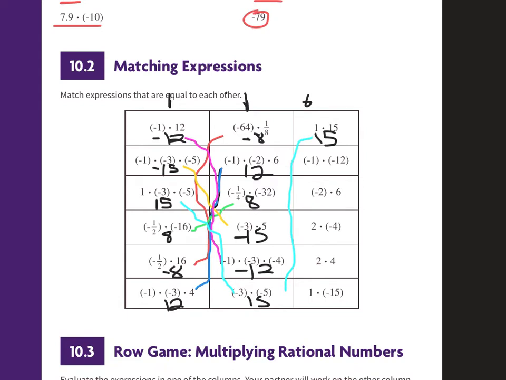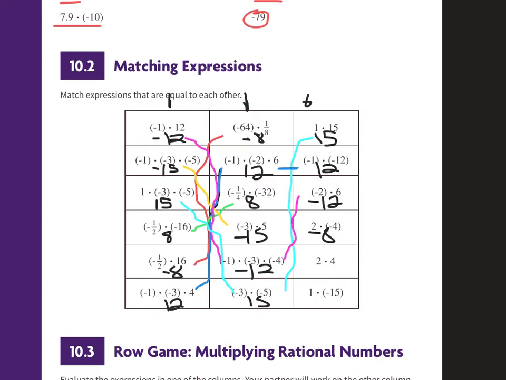-1 times -12 is +12. That matches up with the one right next door. -2 times 6 is -12. That matches up with the magenta pinkish one. 2 times -4 is -8.